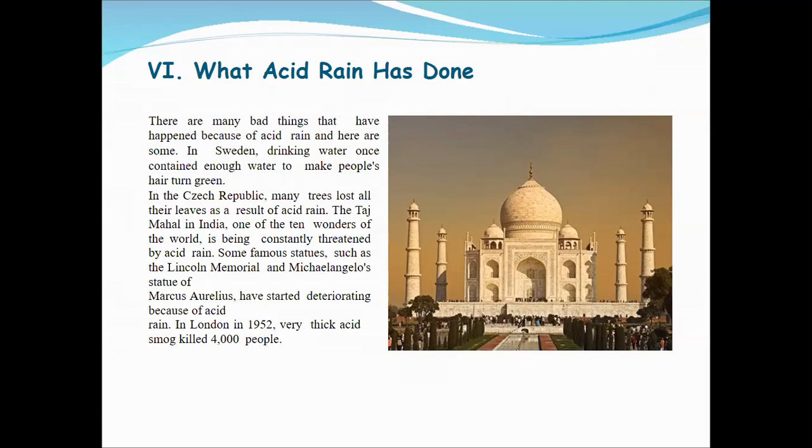The statue of Marcus Aurelius has started deteriorating because of acid rain. In London in 1952, very thick acid smoke killed 4,000 people. Also, if the pH of the acid rain is less than 5, it will be very harsh acid, so people can be harmed if it touches the skin.